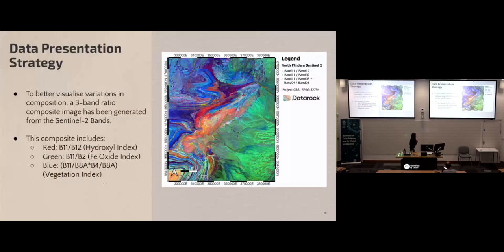And the blue channel represents the vegetation index and is calculated as the ratio of band 11 to band B8 multiplied by the ratio of band 4 to band B8A. So this is just for visualization. The modeling is actually done on the 12-band imagery. So keep that in mind.